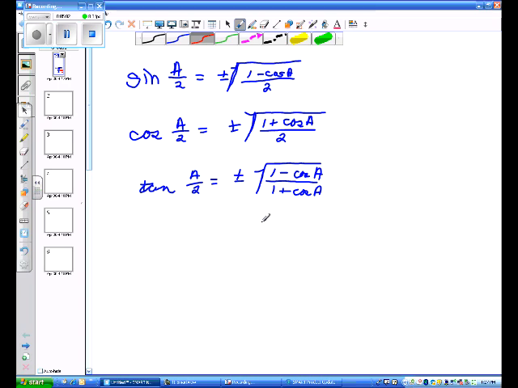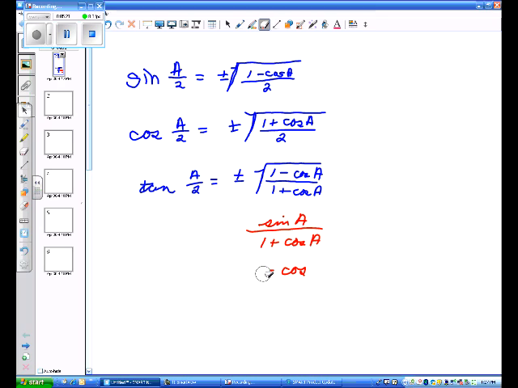It can also then be sine A over 1 plus cosine A, or it can be 1 minus cosine A over sine A. Let me make that one a little different, just so we can see them easier.